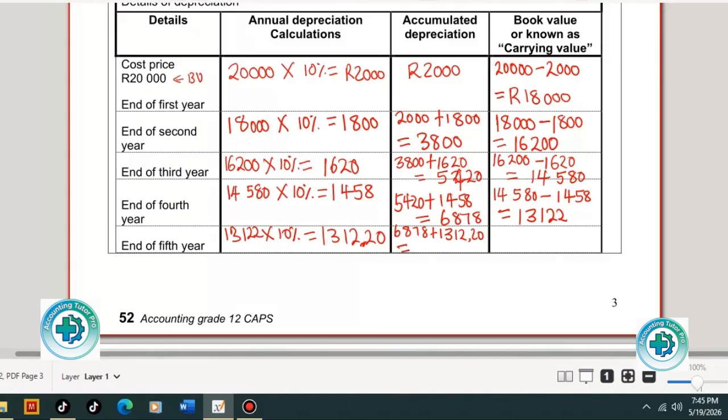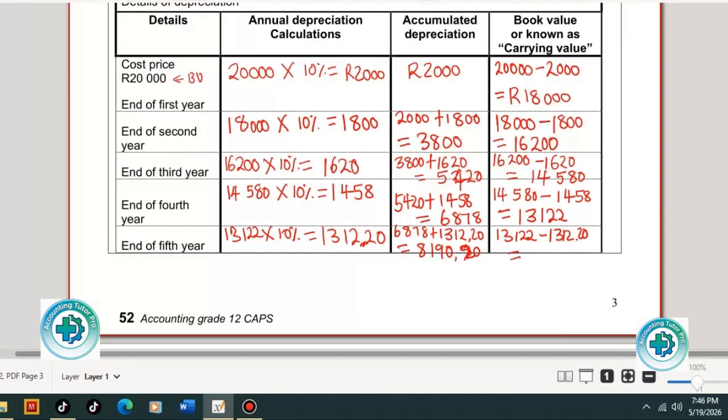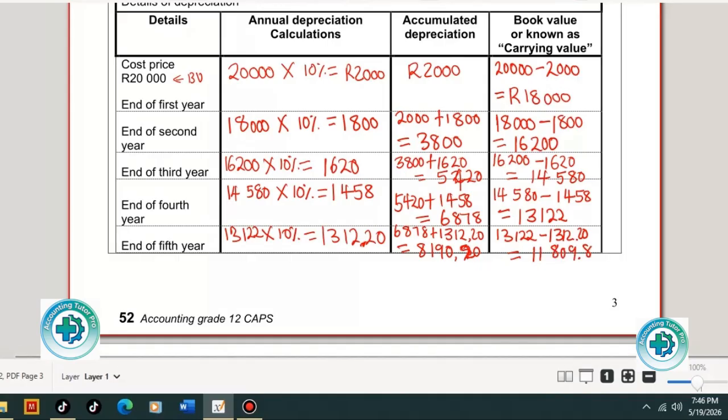This gives the accumulated depreciation of 8,190 rand 20 cents. So to calculate the book value at the end of the fifth year, it is 13,122 subtract the depreciation, and this is going to give you 11,809 rand 80 cents.